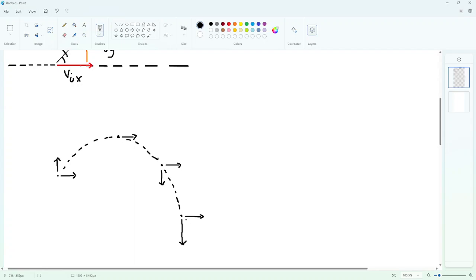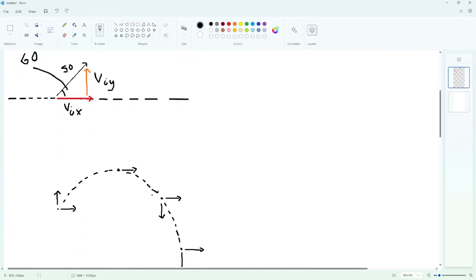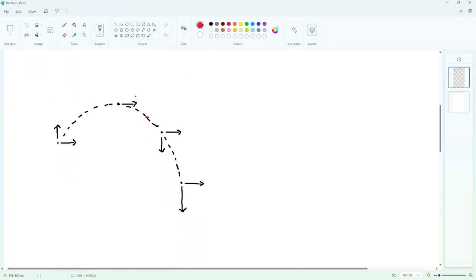So, as you can see from here, the horizontal part stays constant throughout the entire thing, but the vertical one changes over time. And somewhere along here, it reaches here.